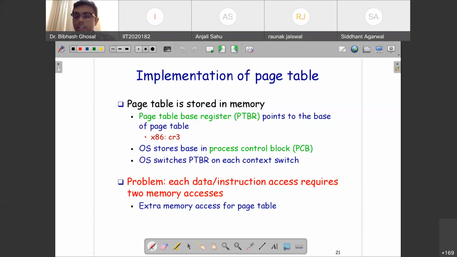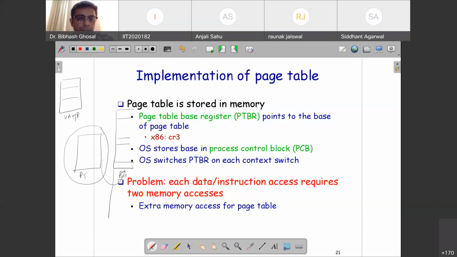So see, here is the virtual address space, right? This is the virtual address space of, say, process P. This is the page table. And this is the physical memory, which contains these chunks. But in addition to that, this table, which is the page map table, is also present in the physical memory itself.